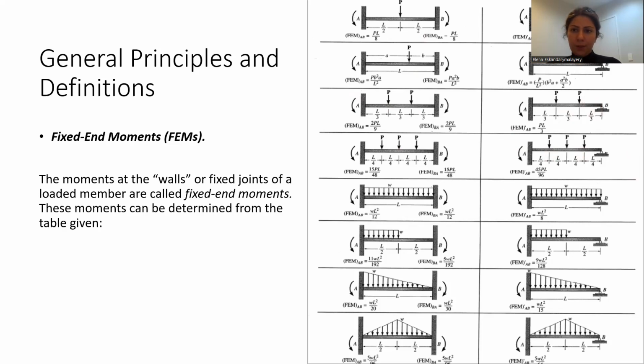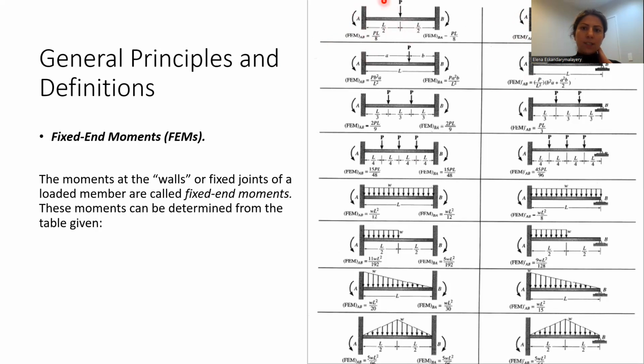So if we have one fixed support and one roller, and we are applying a concentrated or point force in the middle, the bending moment at the fixed support equals 3PL over 16. P is the value of this point load, L is the total length of this beam. So you can easily calculate the bending moment at that support.